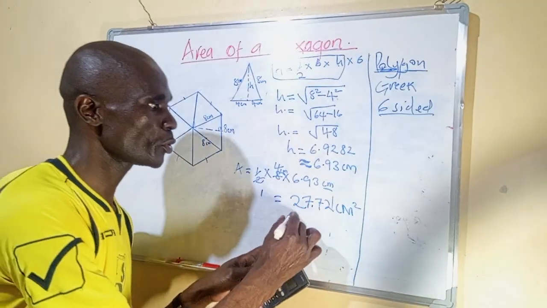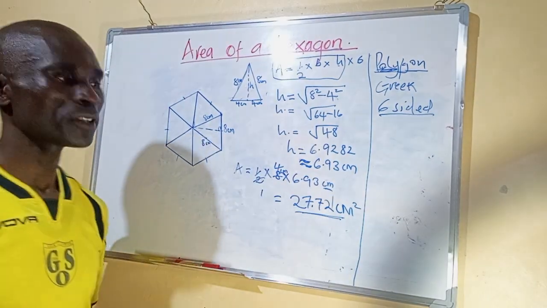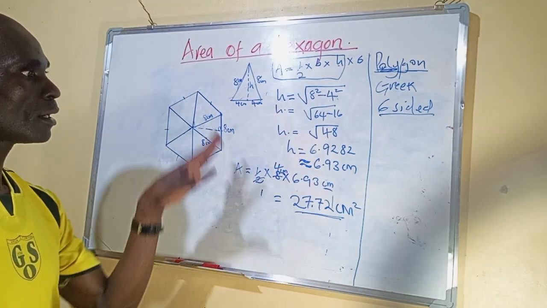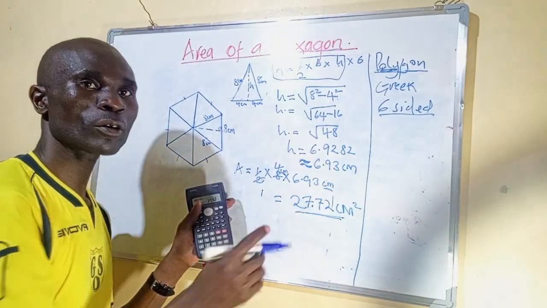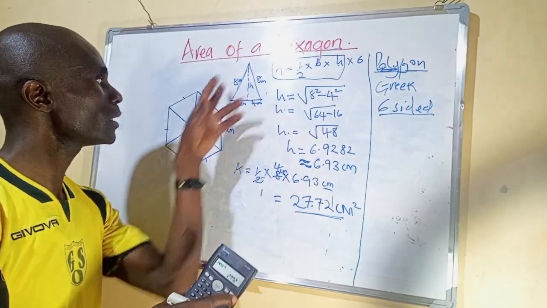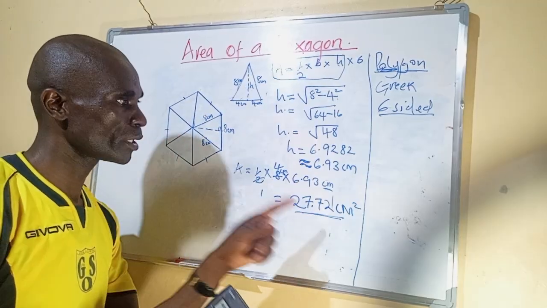So this is what we get at the end of the day as the area of one of them. Remember, it is just one small triangle that gives us this.